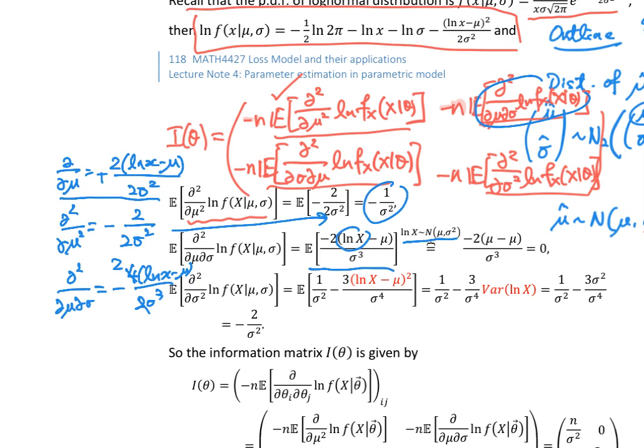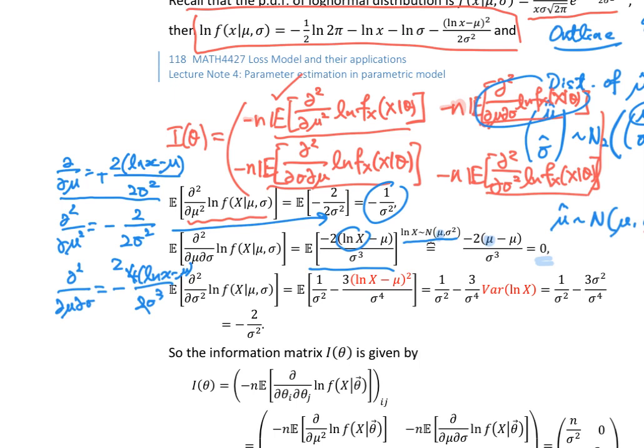So the expected value of ln S is equal to mu. Once you take the expected value, it becomes mu here, and the other term is just a constant so it doesn't change. After the calculation, you get the value equal to 0.